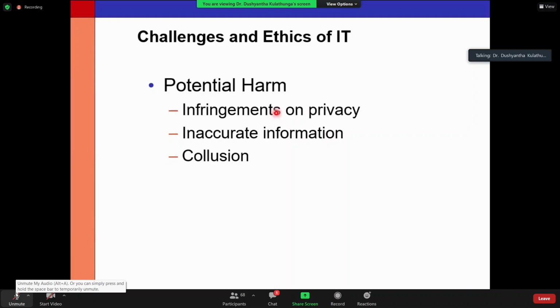Then you may be in trouble in certain instances. Okay, shall we move on? Inaccurate information also, I mentioned, can trouble organizations if they have lots of inaccurate data in their databases.